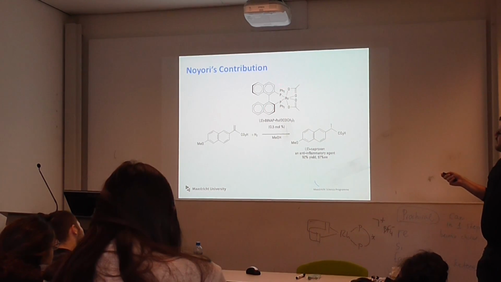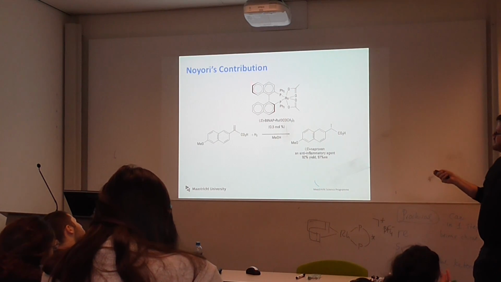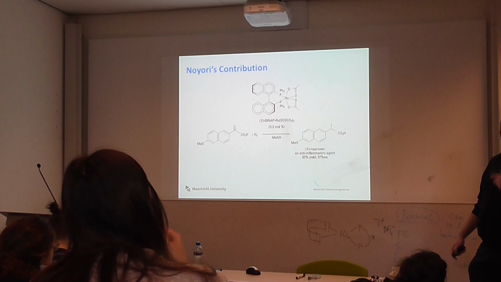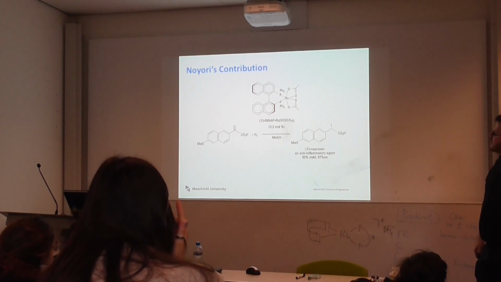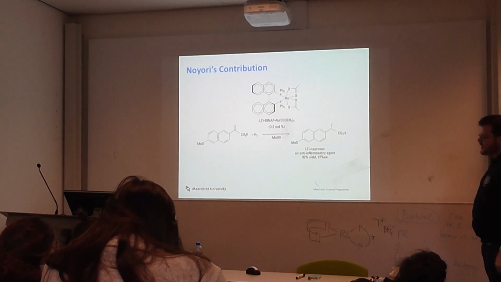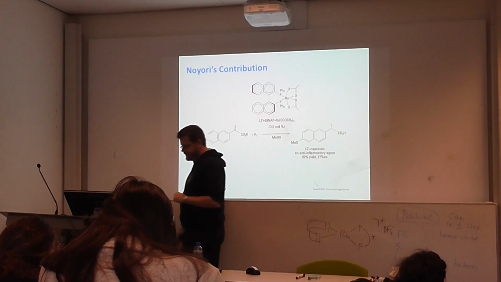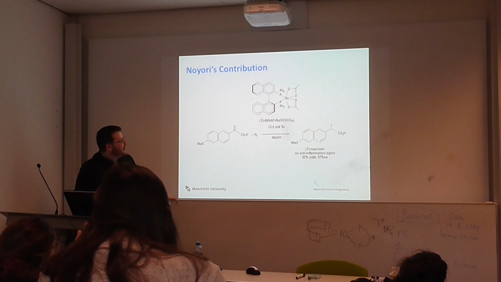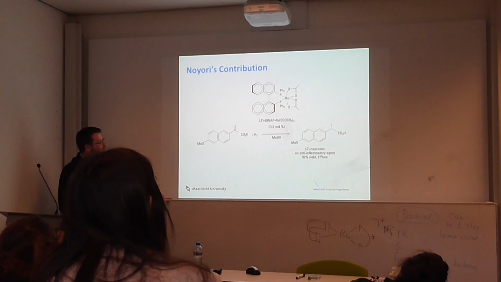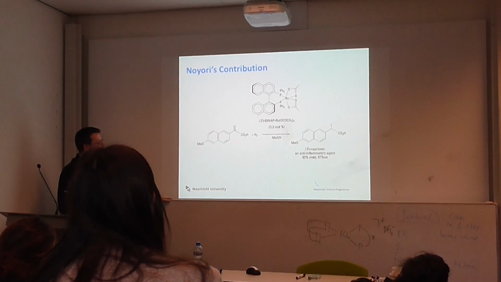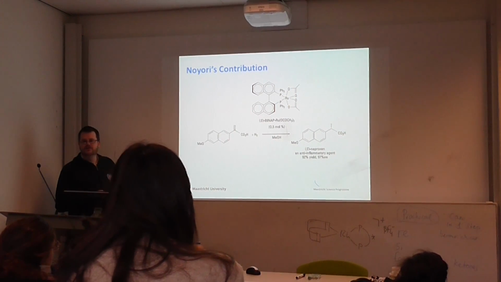Now, the catalyst that he used, we call this ligand, by the way, BINAP, which comes from naphthalene, right? It's again following very similar arguments to what we've seen with Knowles. It enables one, here we have again this prochiral alkene, to do asymmetric hydrogenation.